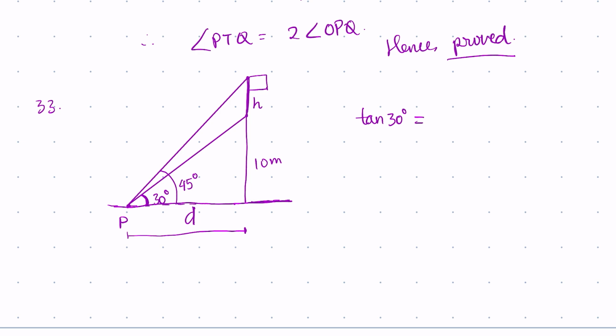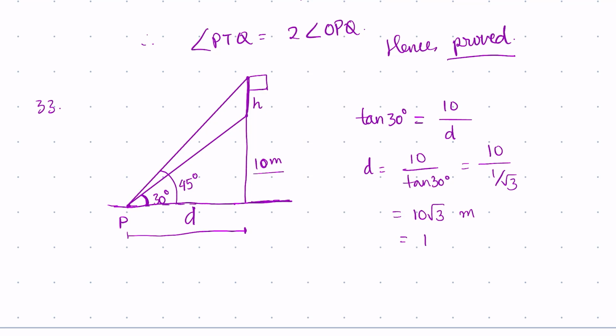Tan is opposite side divided by the adjacent, so 10 divided by D. So D is equal to 10 divided by tan 30 degrees, which is 10 divided by 1 by root 3. So this is equal to 10 root 3 meters, which is approximately equal to 17.32 meters.